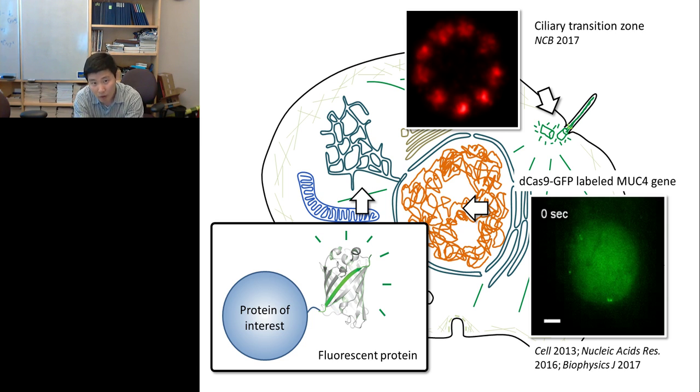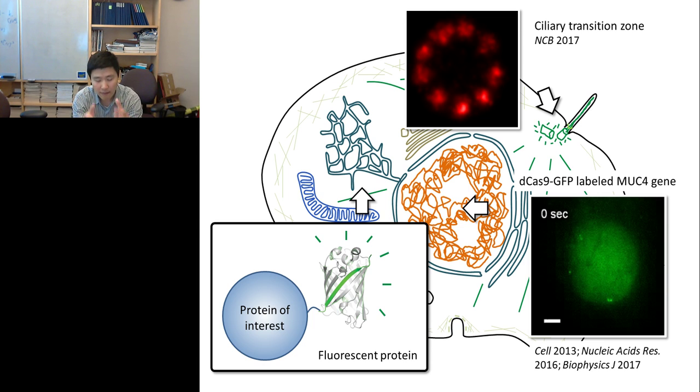And we have also been developing methods that can label DNA using the CRISPR-Cas9 system so that we can follow the movements, or the dynamics, of genes in the nucleus in a living cell. More importantly, for looking at all the other structures in the cell, especially for live imaging, one of the most commonly used practices is the fluorescent protein.